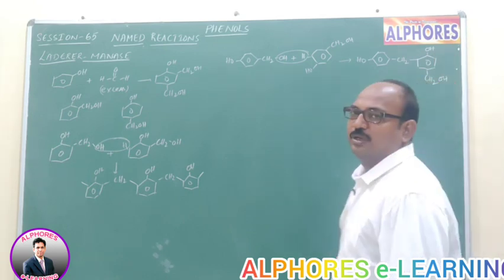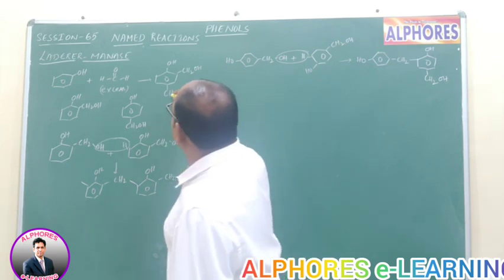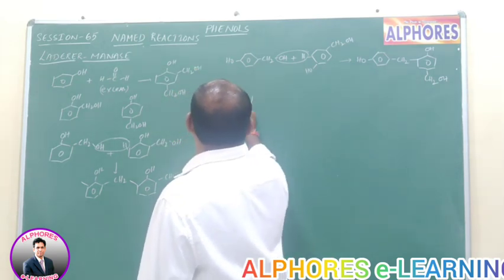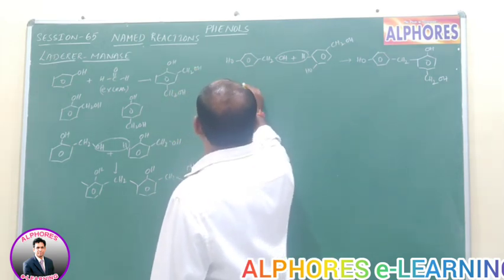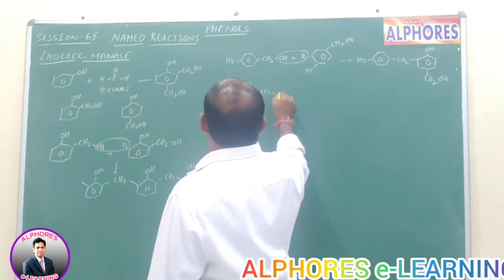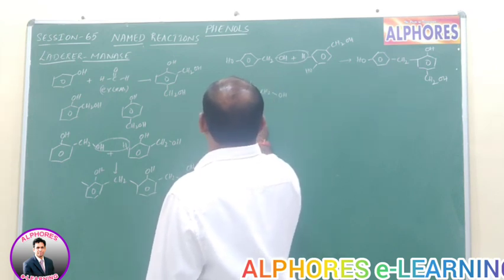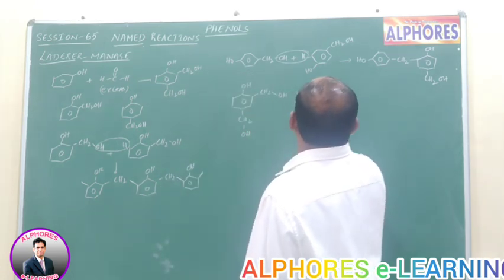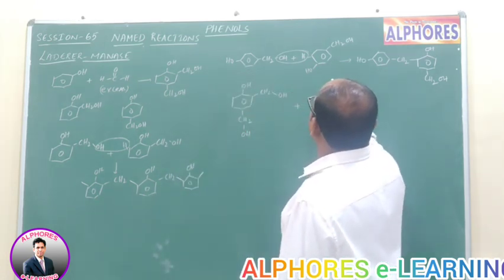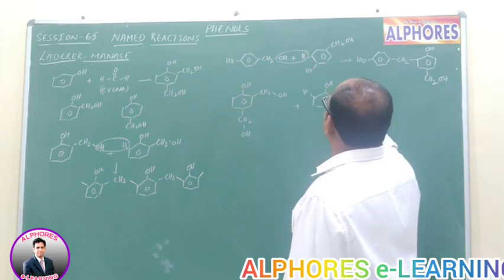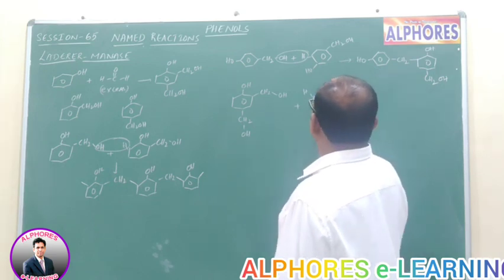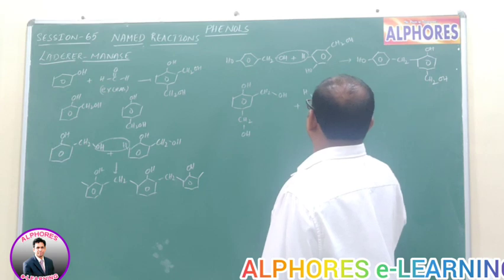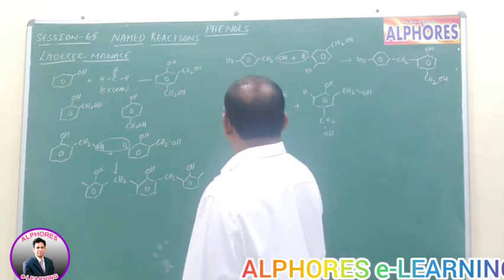Further it continues, and if both ortho and para are there, in such a case we get cross links.